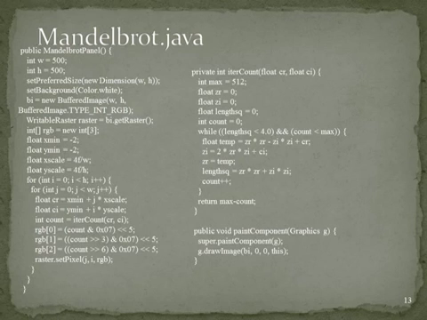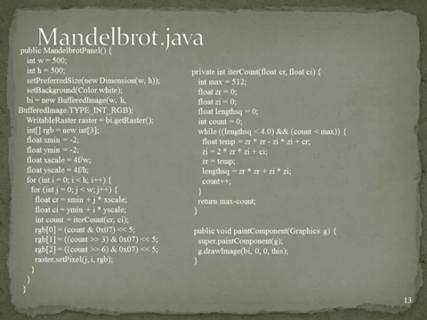So a sample run of the following program will be shown. The program creates an image depicting the Mandelbrot set in the complex plane over the square x greater than minus 2 and y less than 2.